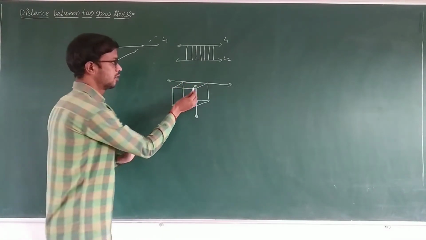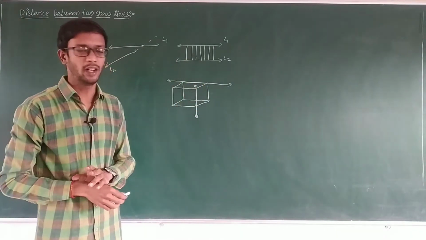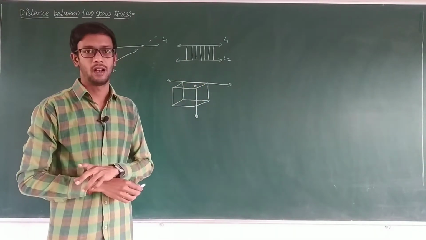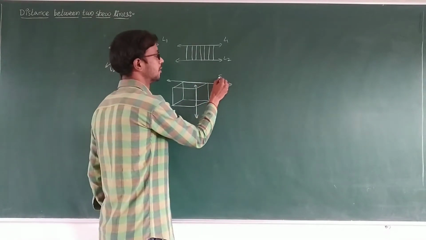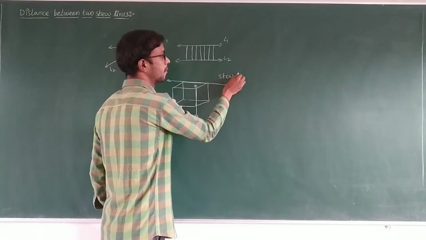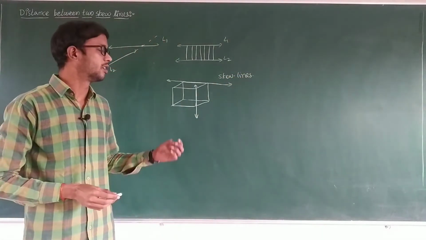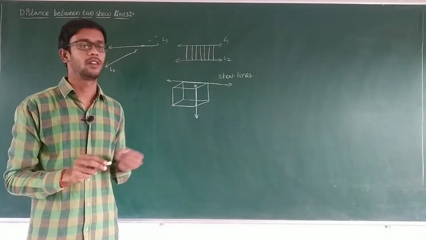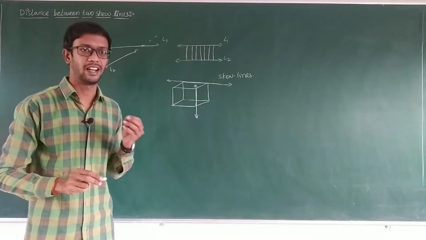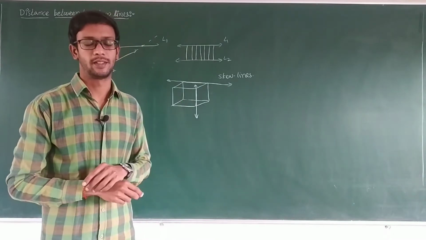If you are taking this one, actually this line goes upside. There is no intersection point and there is no parallel. So these types of lines are called skew lines. Skew lines are those with no intersection point and no parallelism between the two lines. Neither intersecting nor parallel lines are called skew lines.